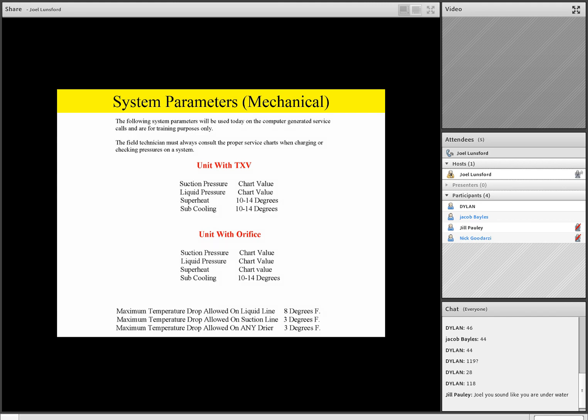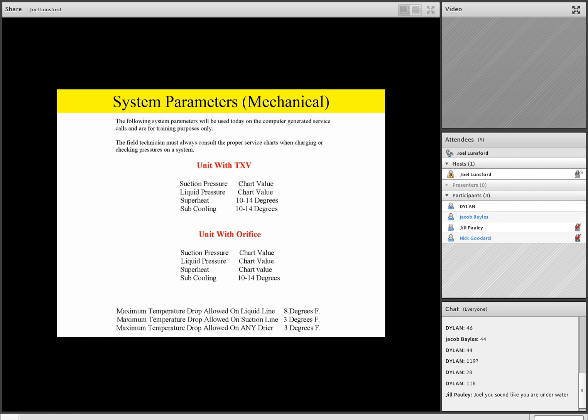In addition, if you get out on a piece of equipment and you're working with a manufacturer's piece of equipment that provides a suction pressure chart or a liquid pressure chart, please by all means use the chart that they provide. All the information you can get on a service call is always the best. In addition, a unit with an orifice on the indoor coil, normal subcooling ranges are still going to be about 10 to 14 degrees if the unit is charged properly under normal nominal conditions.